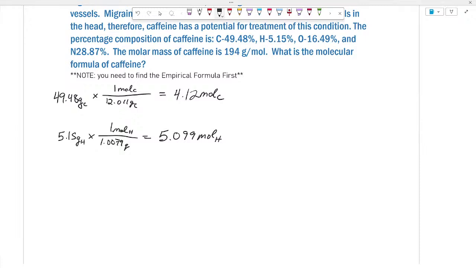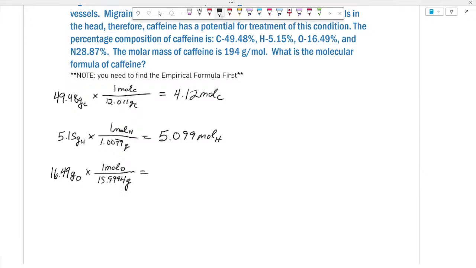All right. What would I do for oxygen? What would I put here? 49 what? Great. And what do we multiply that by? 1 mole of oxygen, and that's what? 15.9994. If you want 16.00, that's fine.